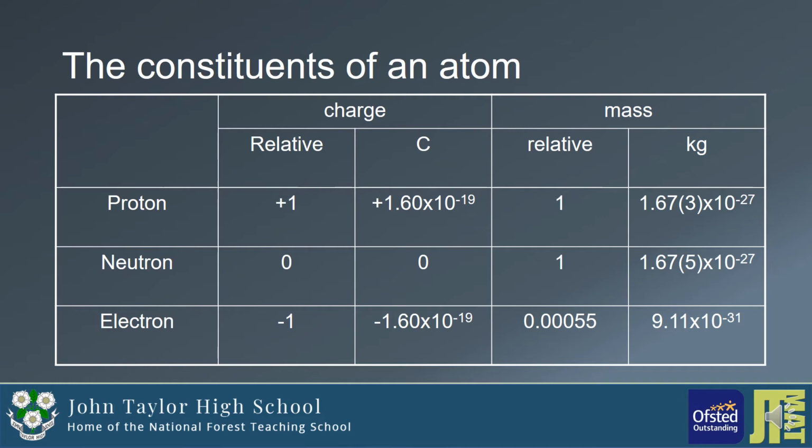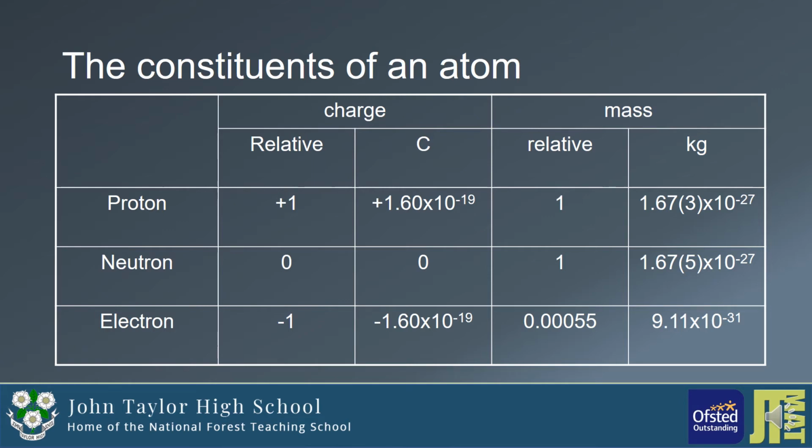It seems a bit of an unwieldy number to start with, but it will be a number you become very familiar with throughout A-level studies, so that is an important reference point for you. Similarly on mass, a proton and neutron are almost the same, but if you go down to a fourth significant figure, the neutron is ever so slightly more massive.